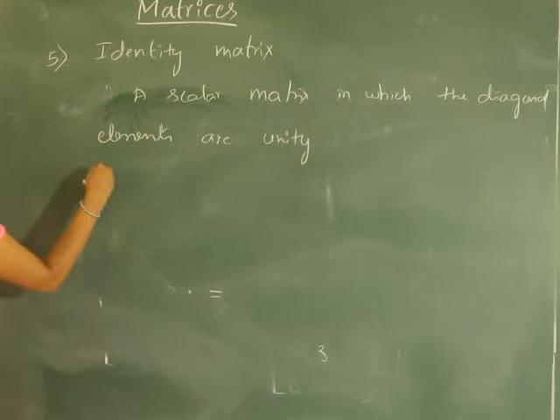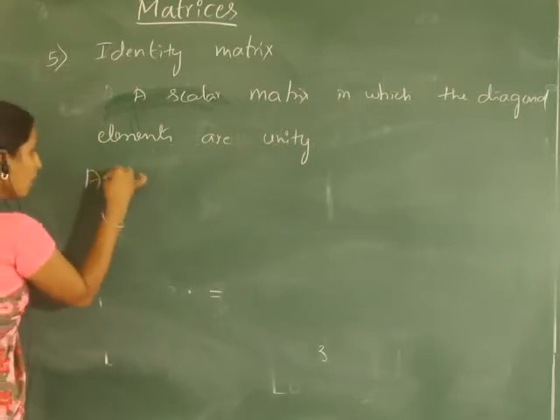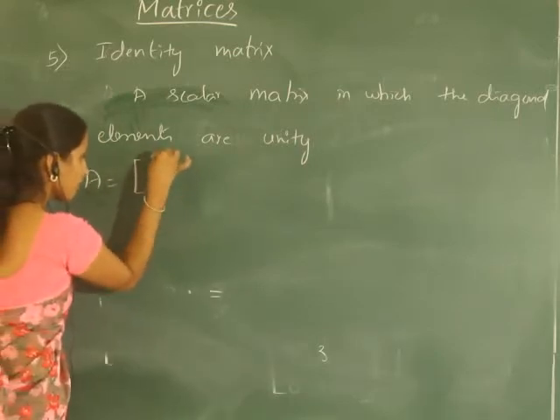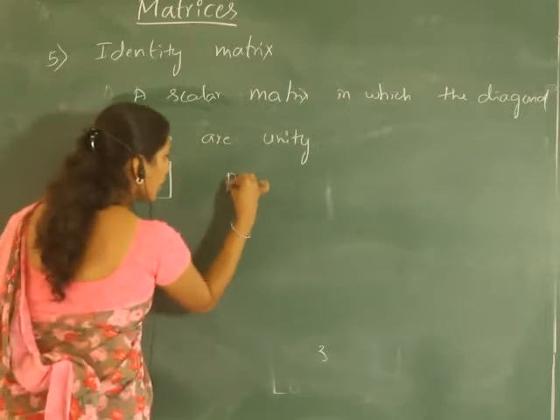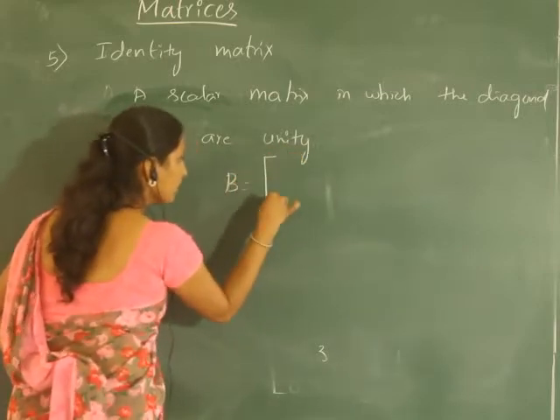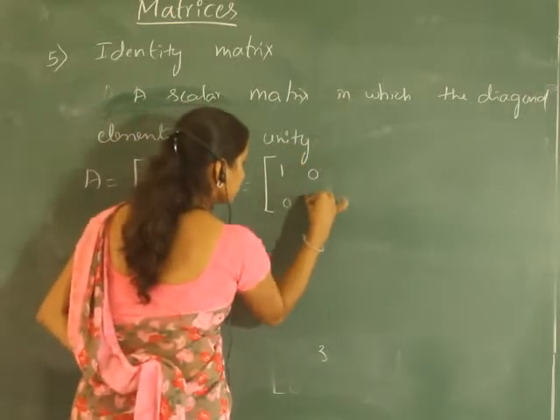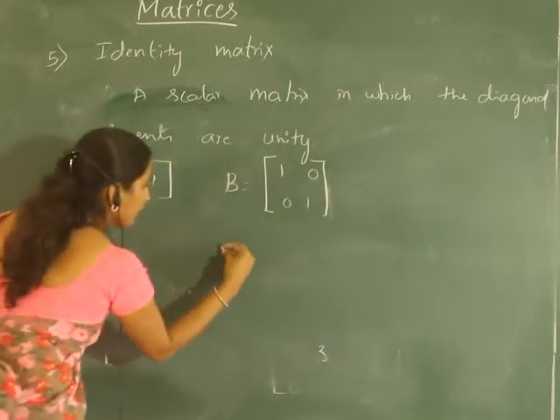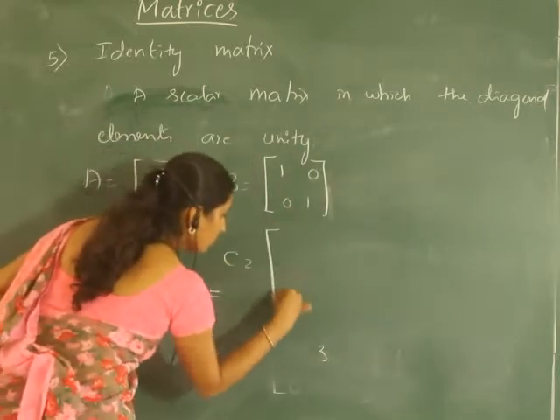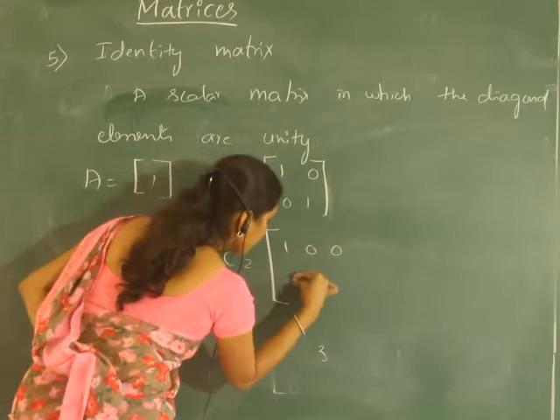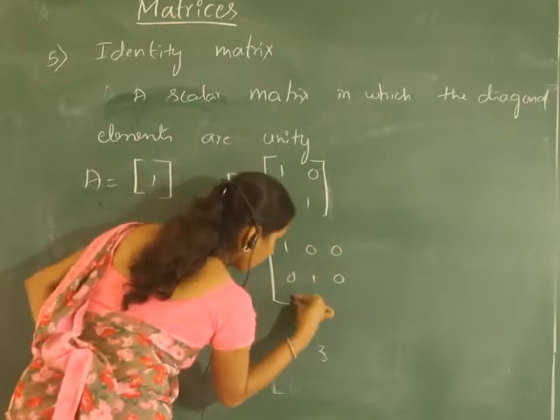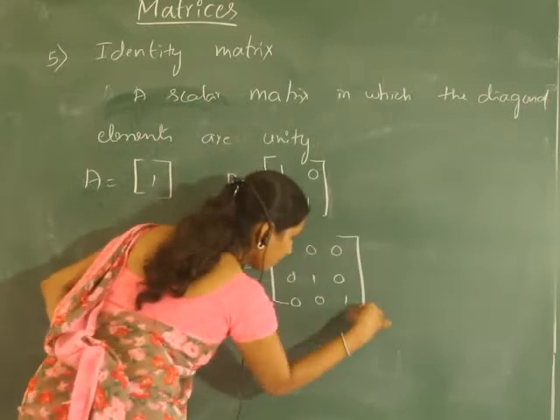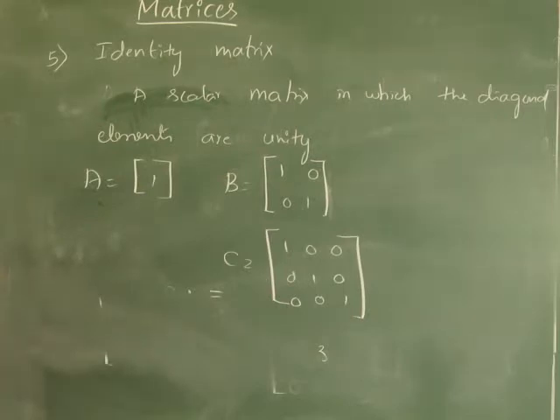So we can define the identity matrix in terms of 1 by 1 also, or 2 by 2 matrix also we can define, or we can define 3 by 3 matrix. Similarly we can define 4 by 4.